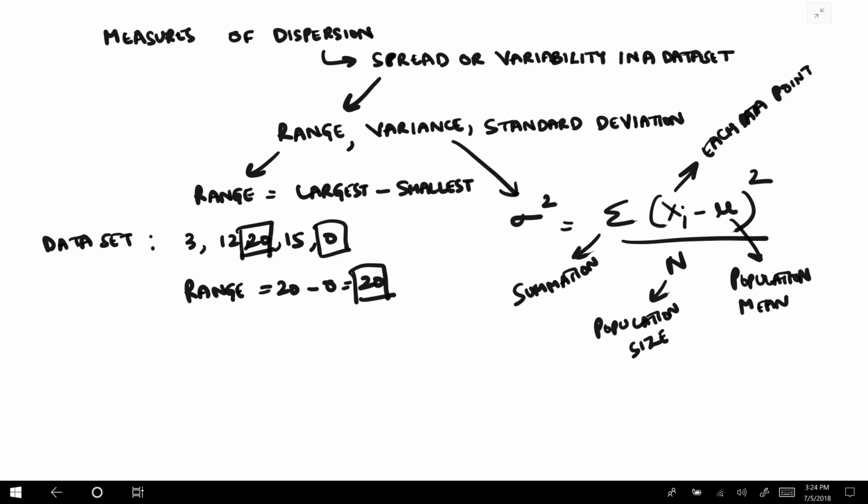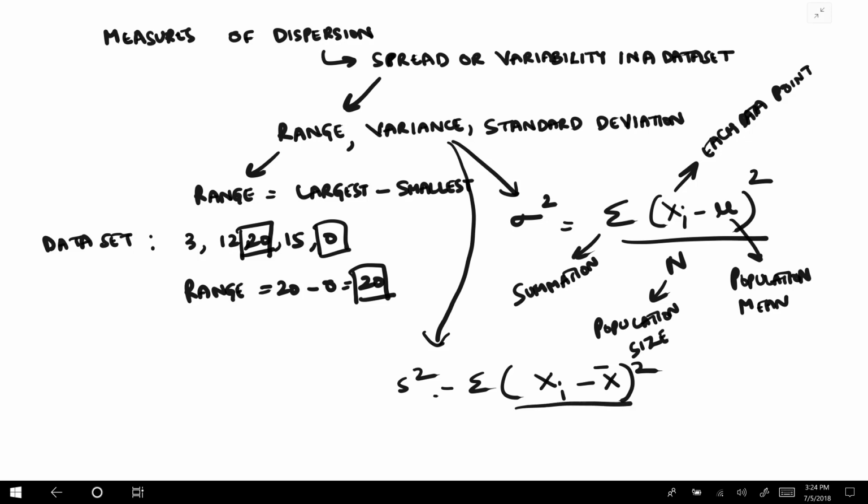So the variance for sample is represented by s square, which is summation of, so it will look same as population, xi minus x bar, which is sample mean, whole squared divided by n minus 1.